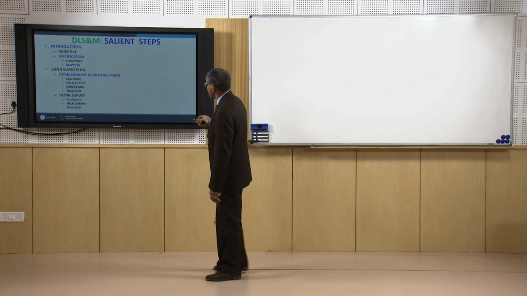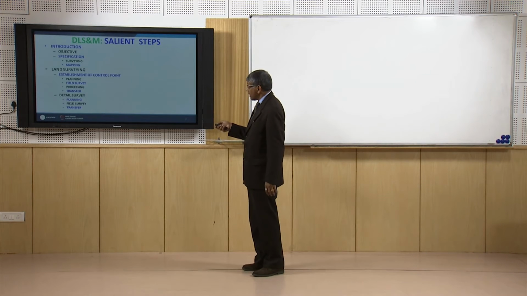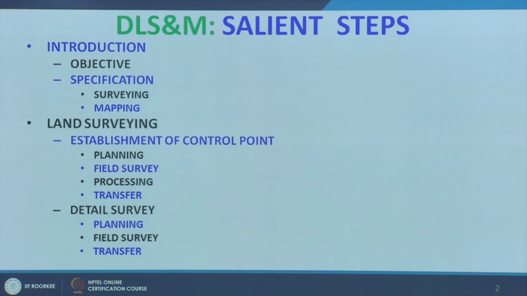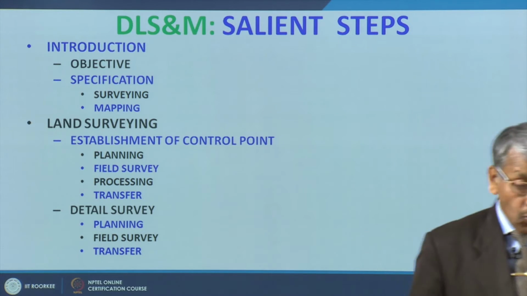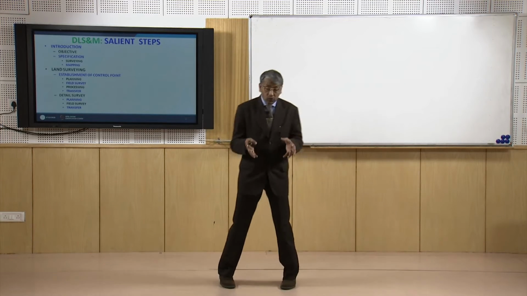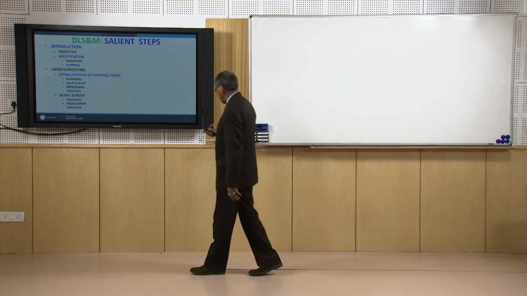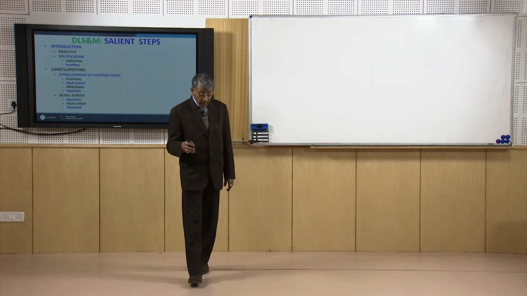And the establishment of control points consists of 4 broad operations. First we have to go for planning, then actual field survey, then processing, and then transfer. Now in case of digital land surveying and mapping, we would like to make use of GPS for establishment of control points.